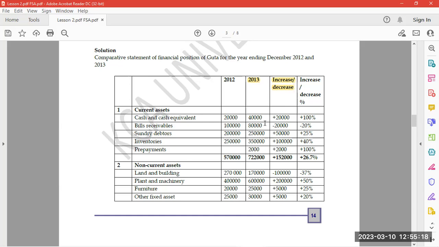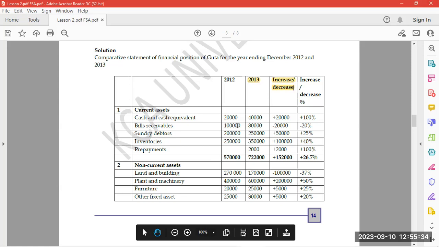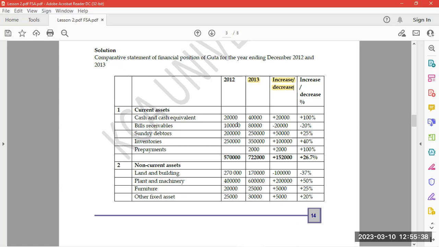Another thing, take the current year's figure in bills receivable, 80,000 minus 100,000, everything divided by 100,000 times 100, you are going to get negative 20%.